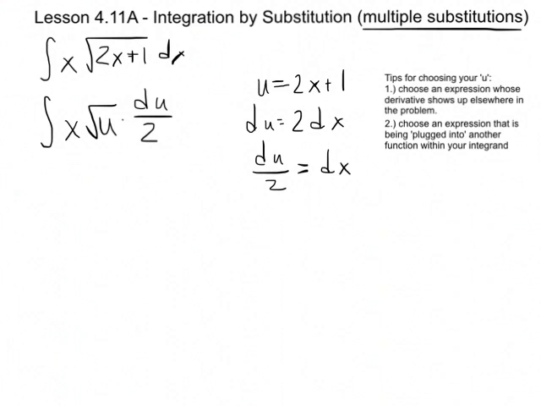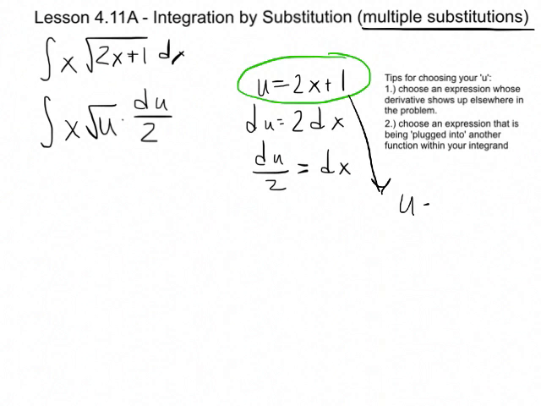And so the secret is this. Note the title of the lesson today is about multiple substitutions. What it hints at is that this substitution, u equals 2x plus 1, can be used more than once. And it can be used in multiple forms. If u is equal to 2x plus 1, isn't it true that u minus 1 is equal to 2x?